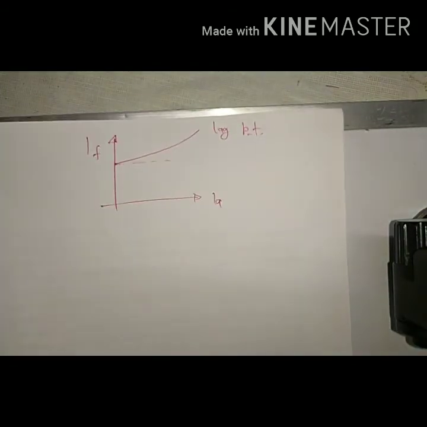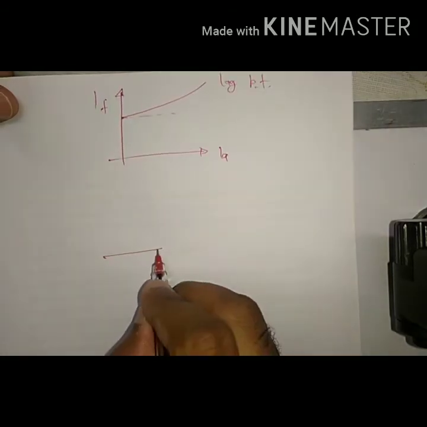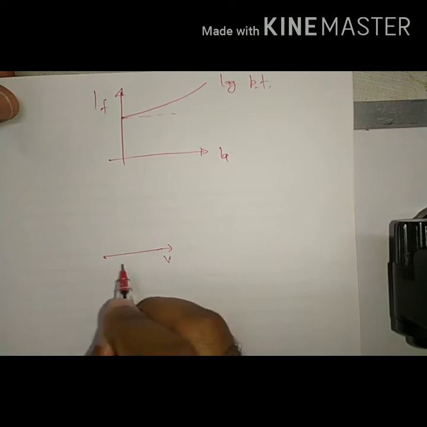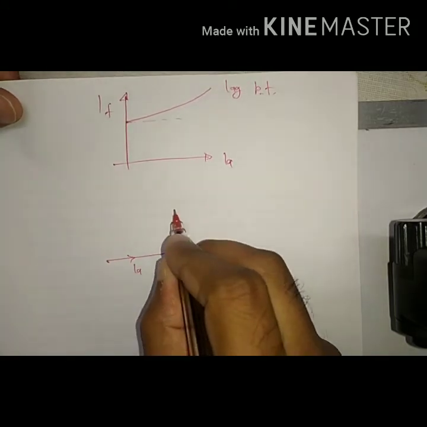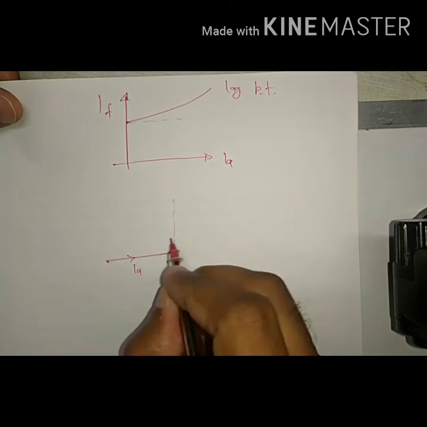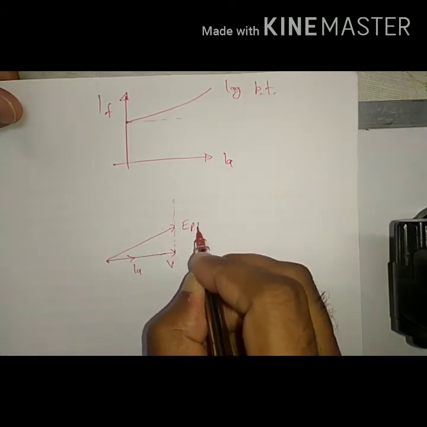Now let us see what is happening at unity power factor. This is terminal voltage V and this is armature current, and there will be an IA XS drop, and based on this I will have EPH.